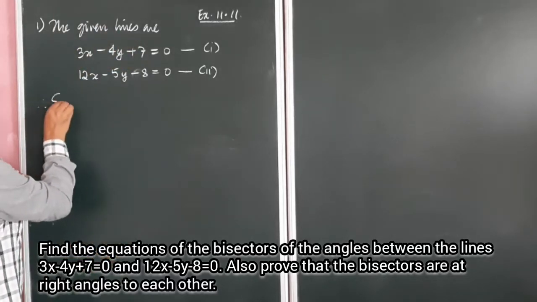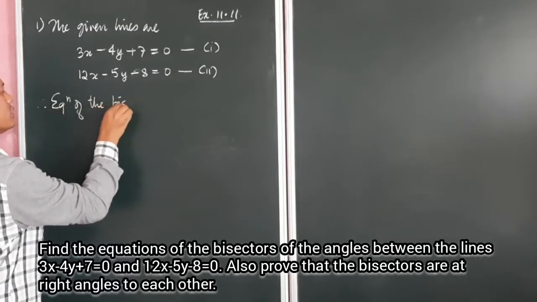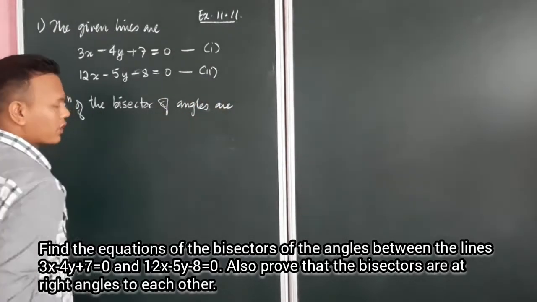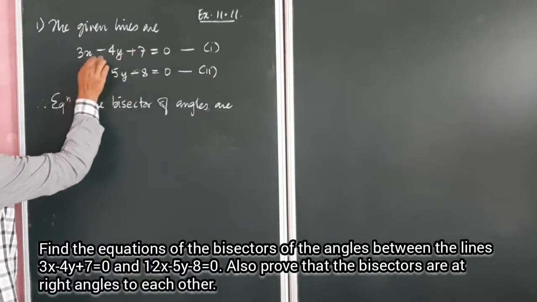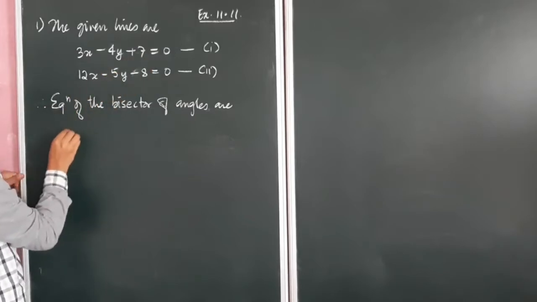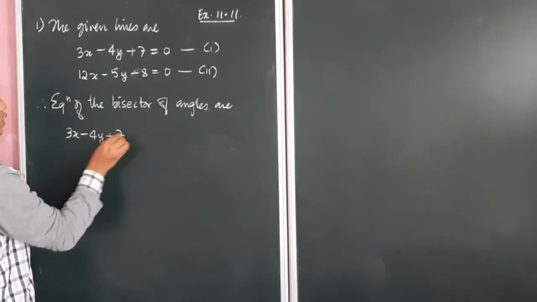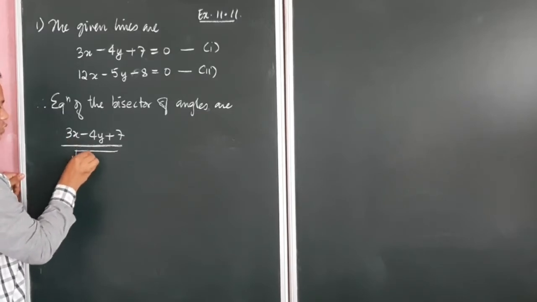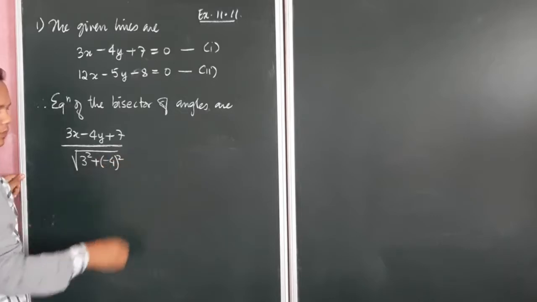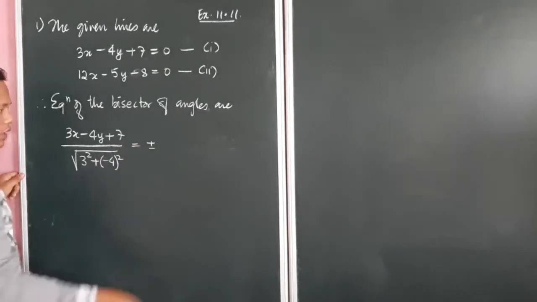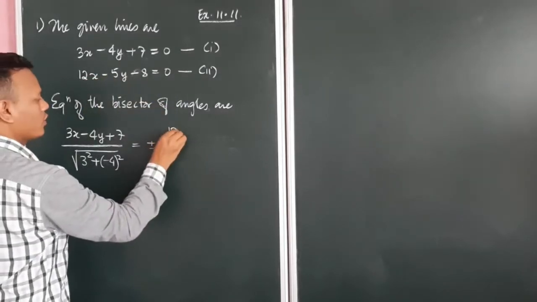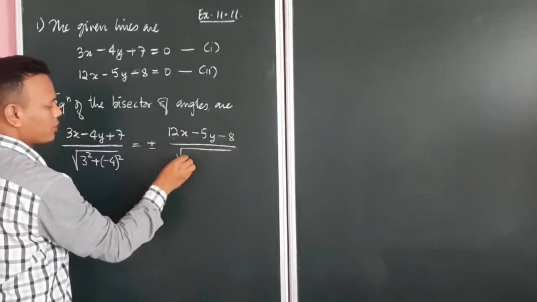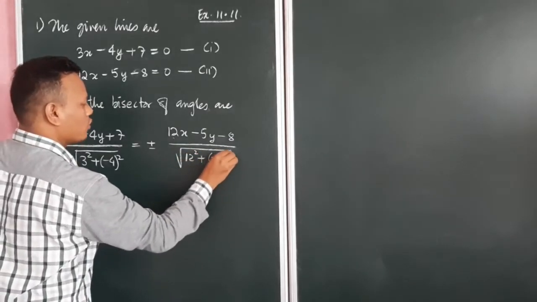Therefore, the equation of the bisectors of angles is a1x plus b1y plus c1 divided by the square root of a1 square plus b1 square, that is 3x minus 4y plus 7 divided by the square root of 3 square plus minus 4 square, equals plus minus the second equation, 12x minus 5y minus 8 divided by the square root of a2 square plus b2 square.